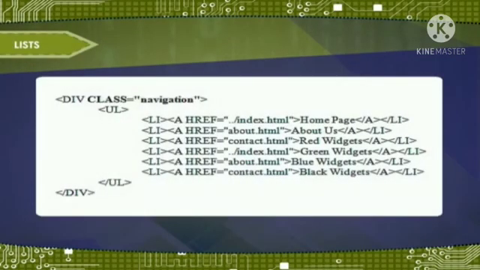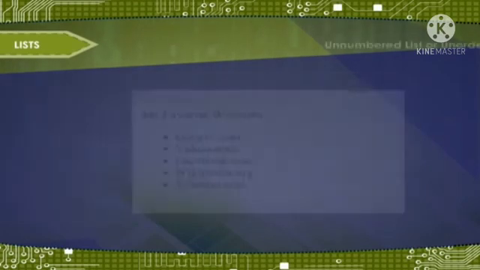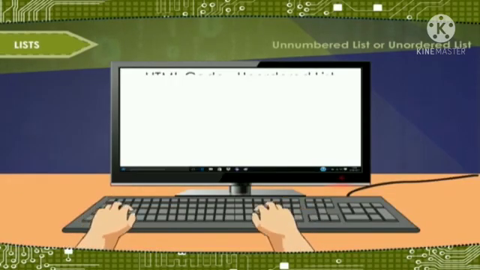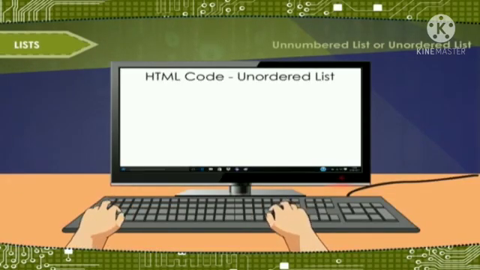Lists. This feature is the same as bullets and numbering in any word processor. Lists supported by HTML are the unnumbered list or unordered list. To make an unordered bulleted list, start with an opening <UL> tag, for unordered list.